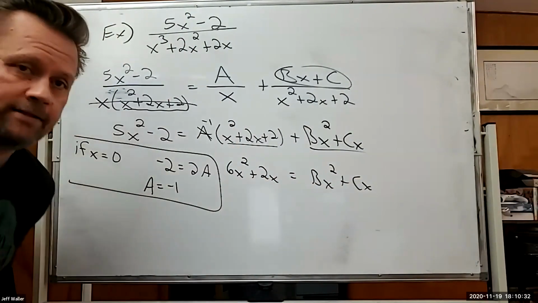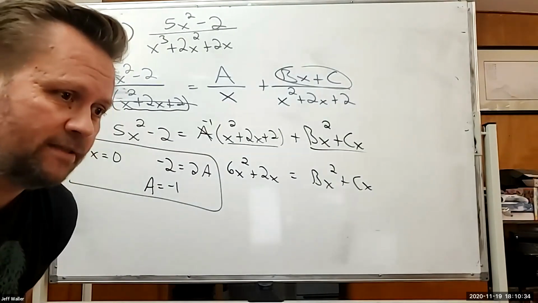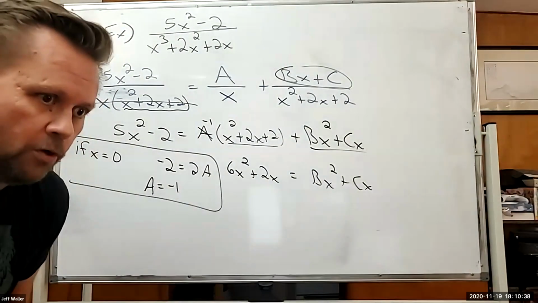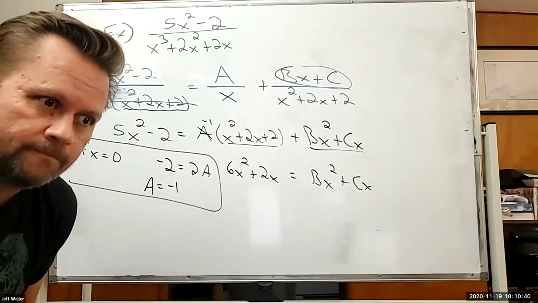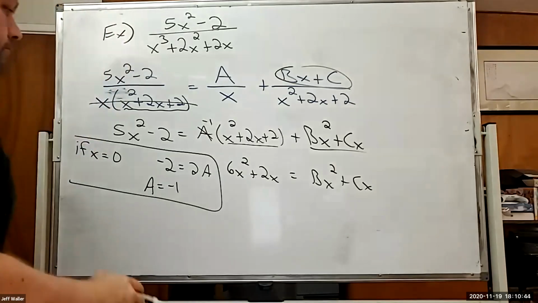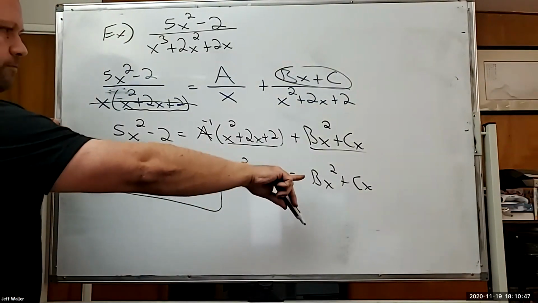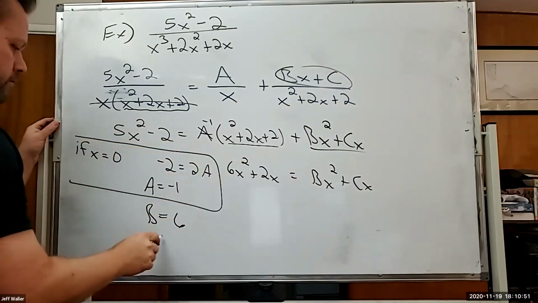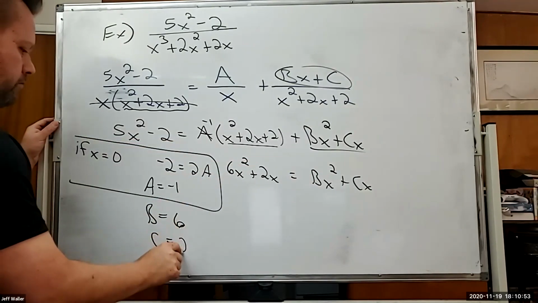Now look how that's insane. This is the best equating coefficients you could hope for. You know the whole answer, don't you? What's b got to be? 6. B's got to be 6, yeah. And C's got to be 2. Yay!